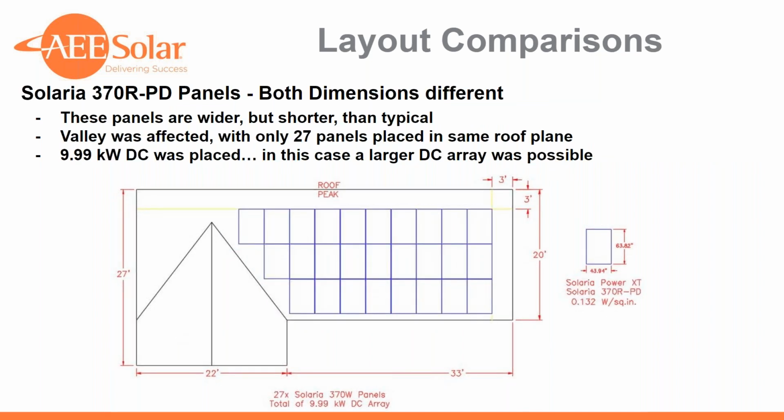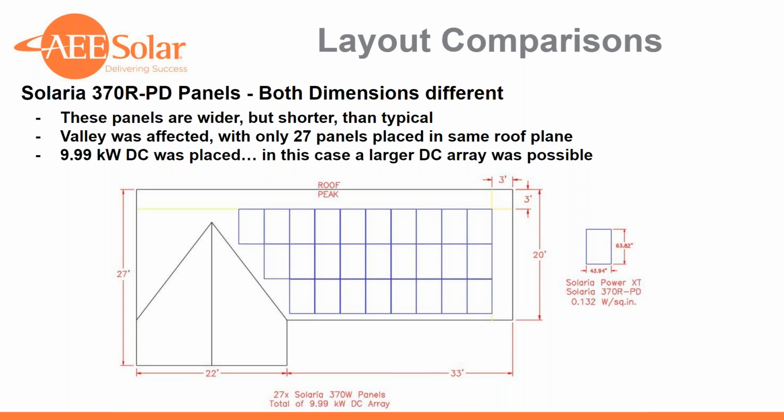The last one we'll look at is the Solaria 370. Because these are shorter, this one actually works out in the homeowner's favor. We were able to squeeze in not the same number of modules as the REC 320, but given that they are 370s, we're able to get even a slightly larger DC array.